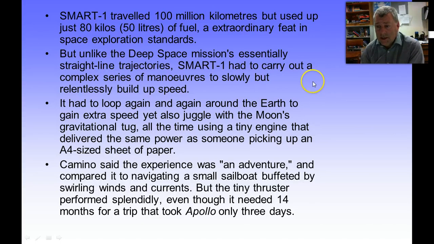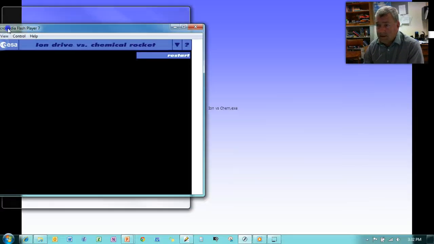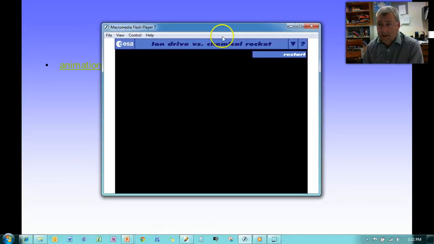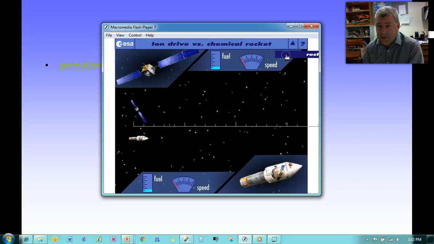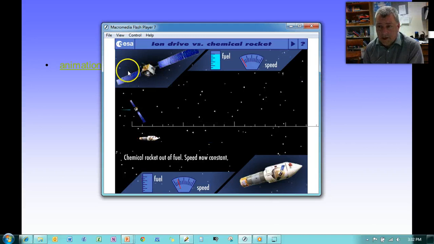And so what they're doing is, let's get my animation over here. There we go, look at that. So this is an ion engine versus a chemical engine, and this is our chemical engine and that's our ion engine.